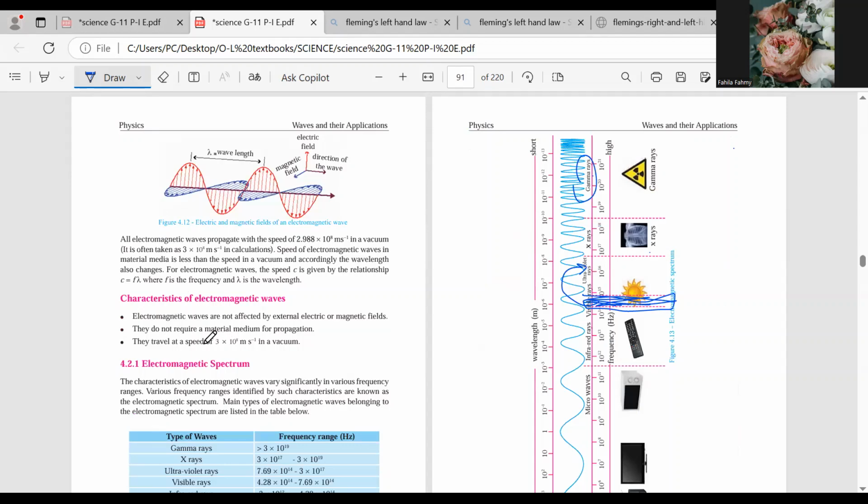I told you it travels at the speed of light, right? So you can tell that. It travels at the speed of light, or 3 x 10^8 m s^-1. And also, they are not affected by external electric or magnetic fields. Right? Okay, so that should be the answer for that.